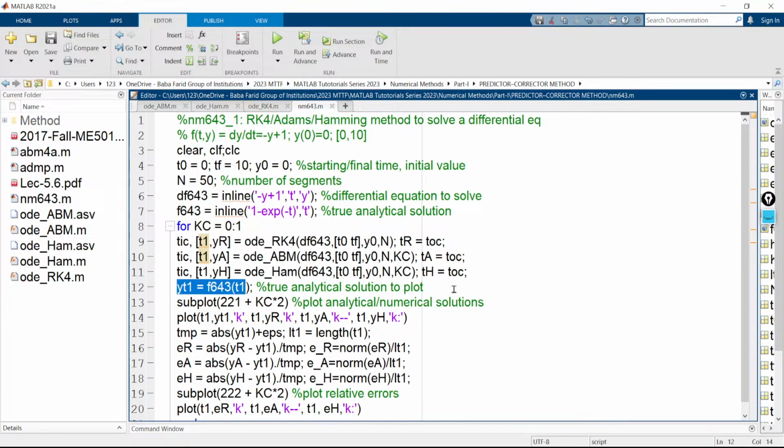Now we are plotting these 4 methods, and this is quite simple. You can see here is subplot 2 to 1 kc 2. So this is the plot t1, yt1k. This is the analytic expression. This is the solution given by Runge-Kutta.